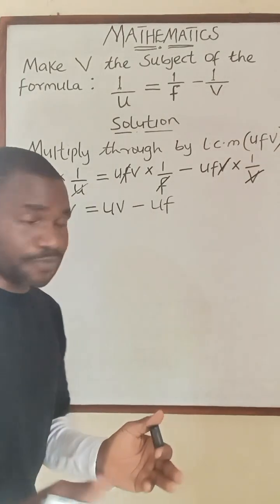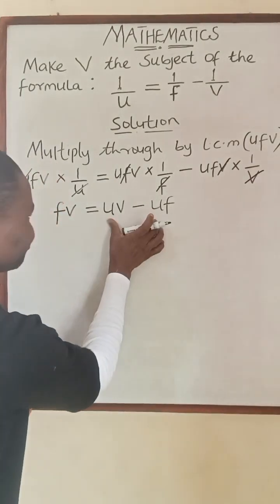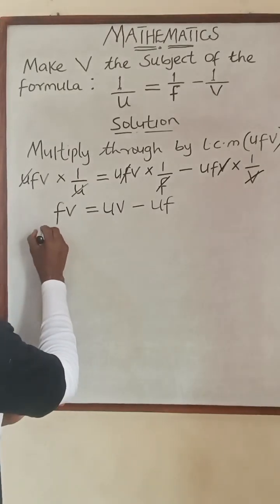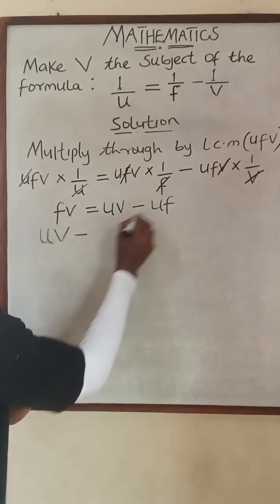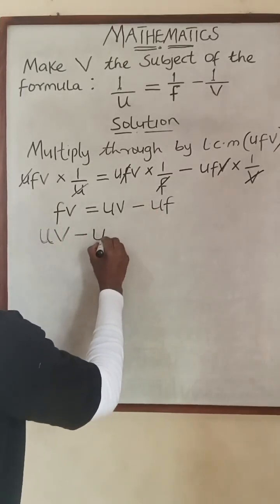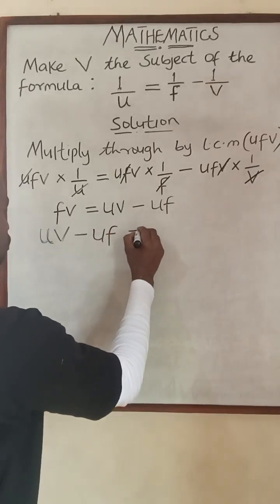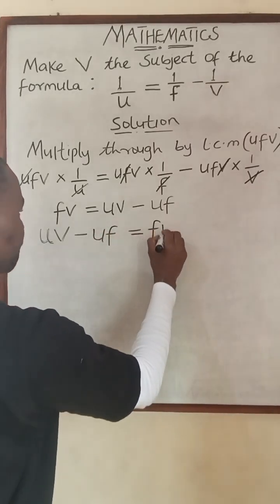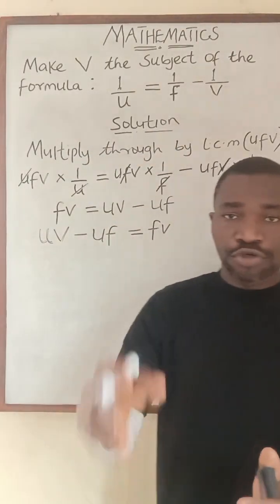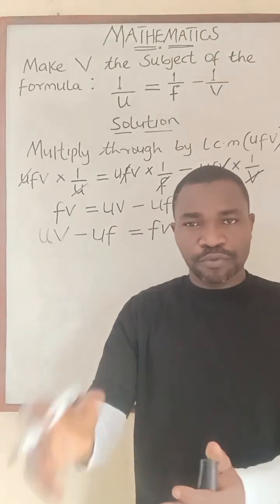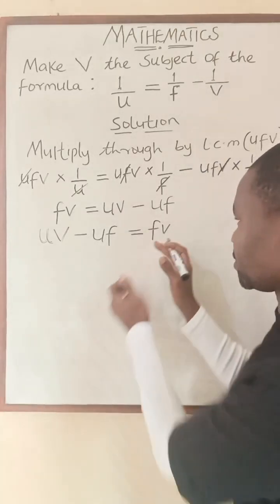They are still the same thing. So how do we do that? We can write this: UV minus UF equals what? FV. They are still the same. It's just like saying 1 plus 2, that's 3, or 2 plus 1, still 3. So they are still the same.